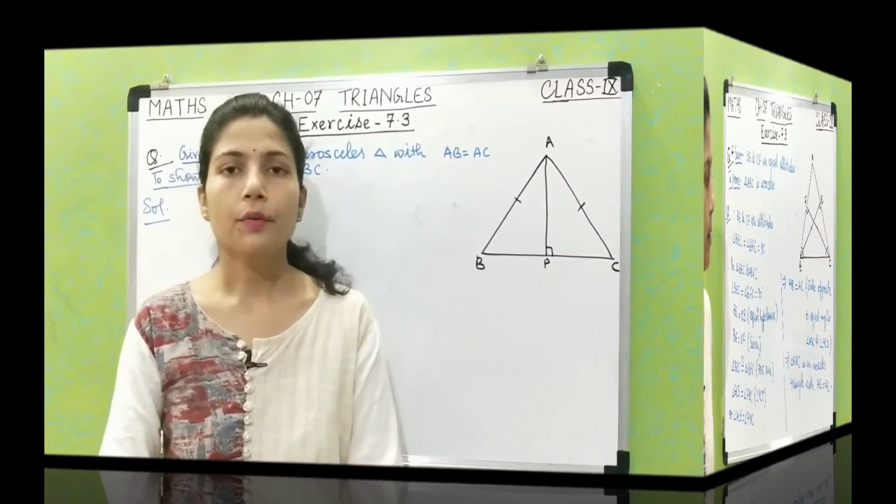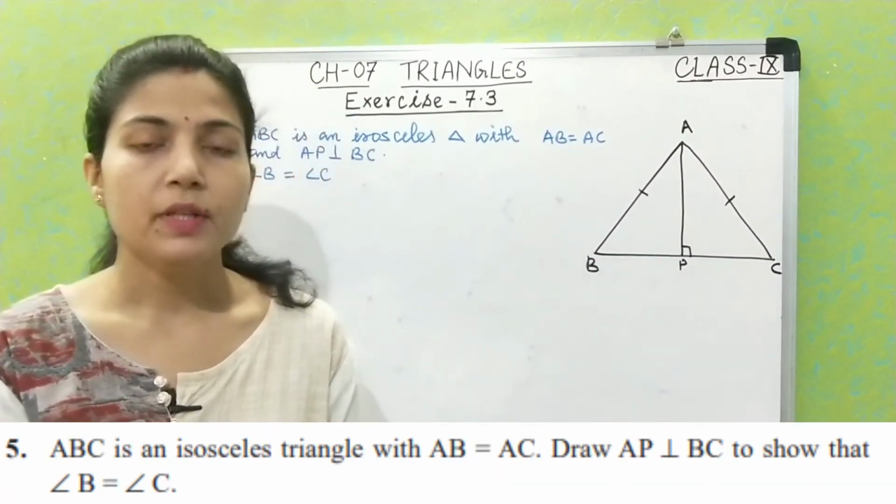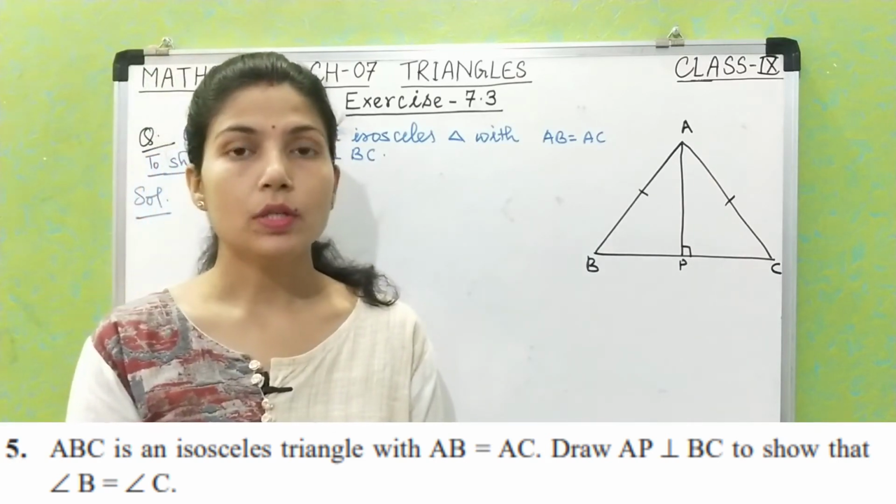Okay, now question number 5 is ABC is an isosceles triangle with AB equals to AC.